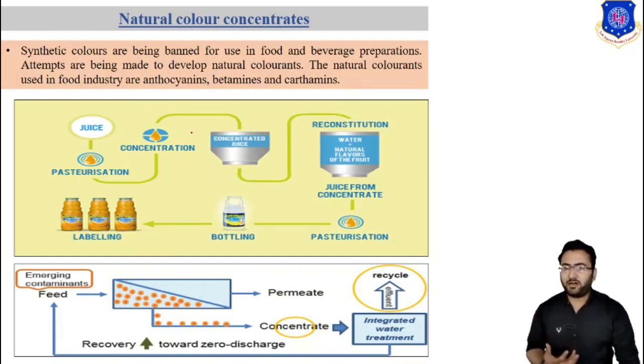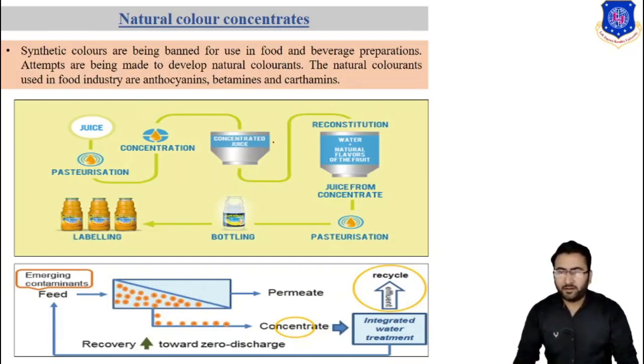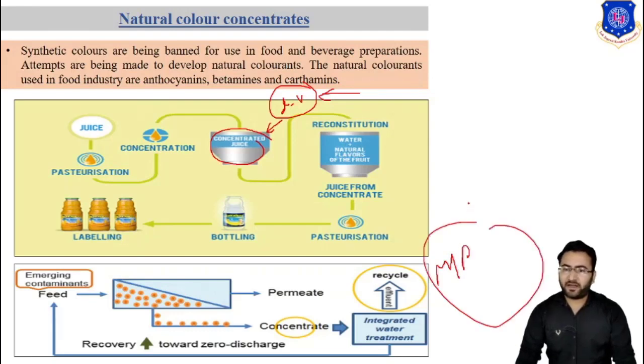In natural color concentration, the concentration step is required, where we mostly use distillation or vacuum distillation as the conventional process. But if we replace this distillation, evaporation, or vacuum distillation with a membrane separation process, we will get the advantages of energy saving and high purity.